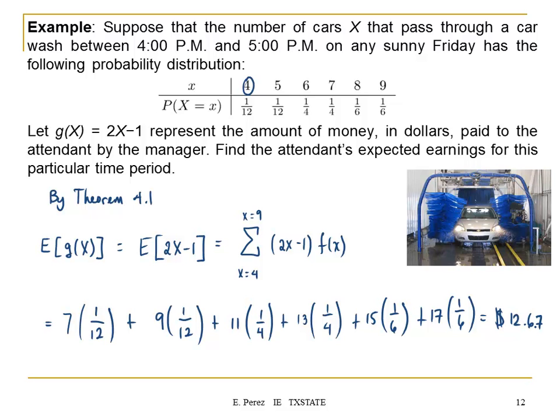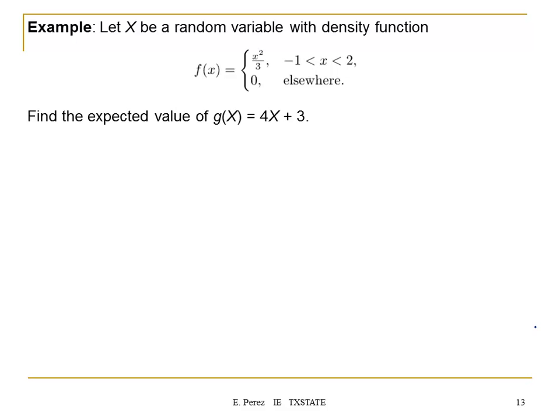Let's look at one more example, and this is the last example we're going to work today. Let's look at the case in which we have a continuous distribution. We have a random variable with the density function that is given, and we have g of x equals 4x plus 3.